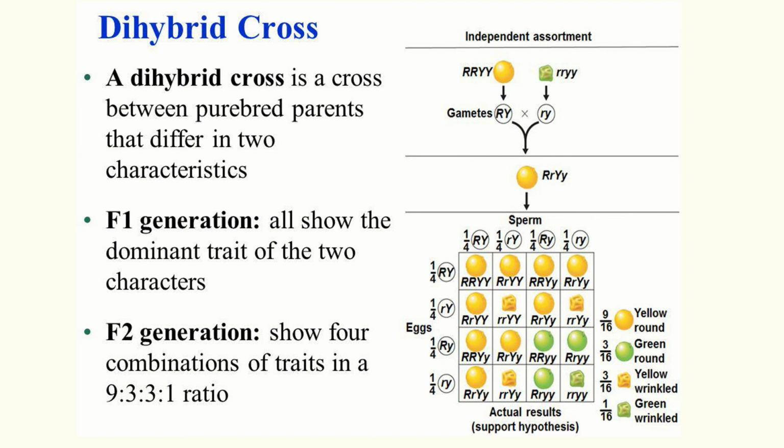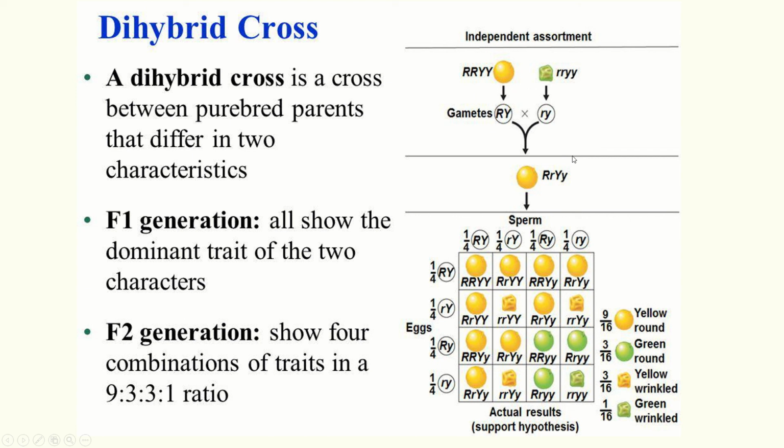It works basically the same as a monohybrid cross Punnett square, but the difficult thing is working out what our alleles are that are being donated. So you need to look really carefully here at what are all our possible alleles. Now this one's pretty basic because both of these are homozygous for both traits, so they could only give 1 possible allele for each trait.